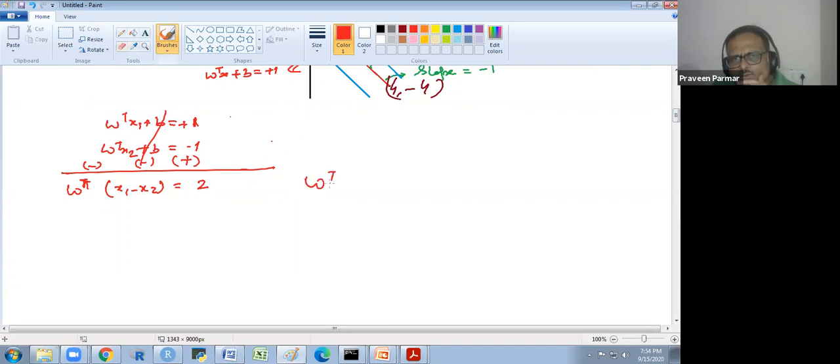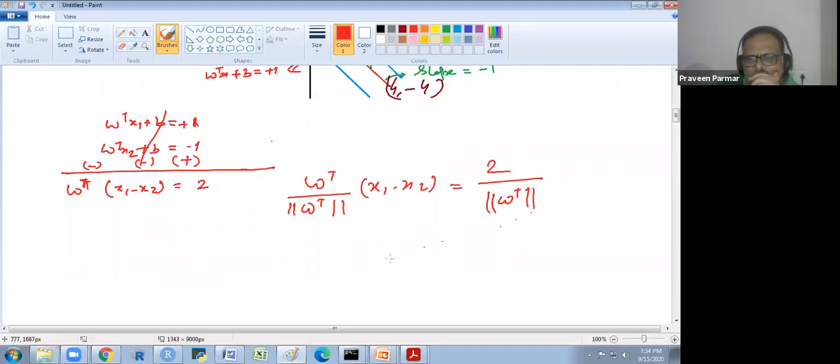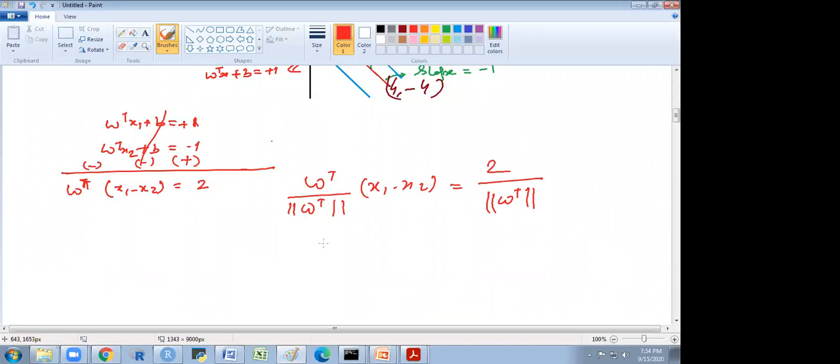So WT over the norm of W, times (x1 minus x2), is equal to 2 over the norm of W. Does that make sense to everyone? It is a unit vector, no? Yes, sir. Okay.